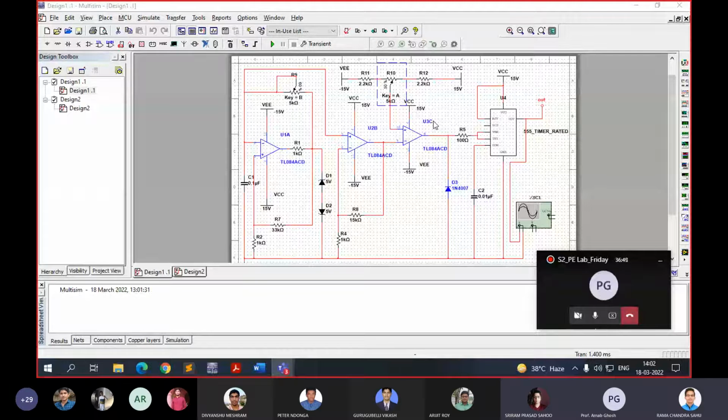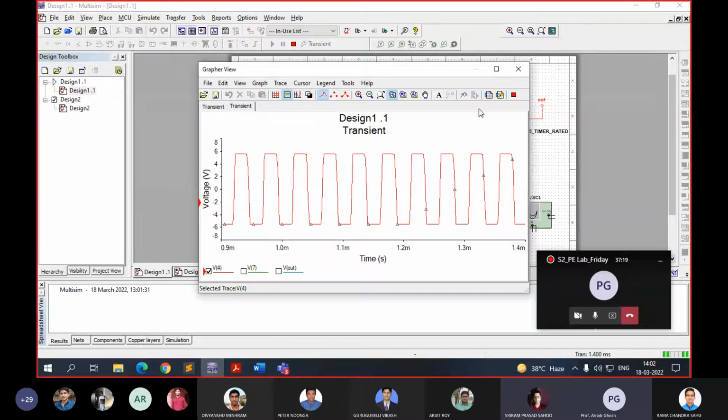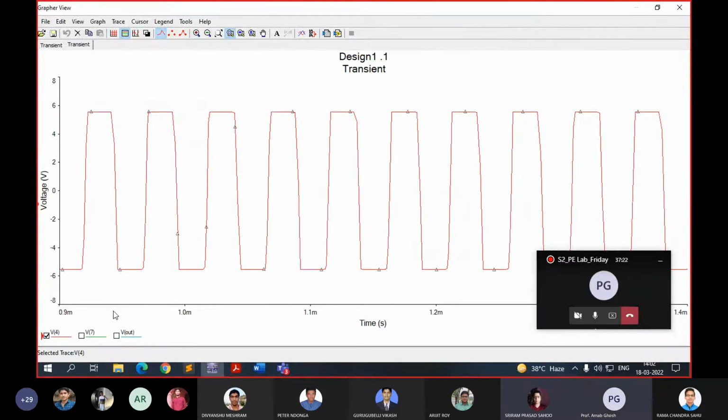Sir, 1/T. So what is your T? You are not able to calculate it from this waveform? Sir, I have to simulate it again and find out the output waveform, then I can find out. Okay, 0.1.